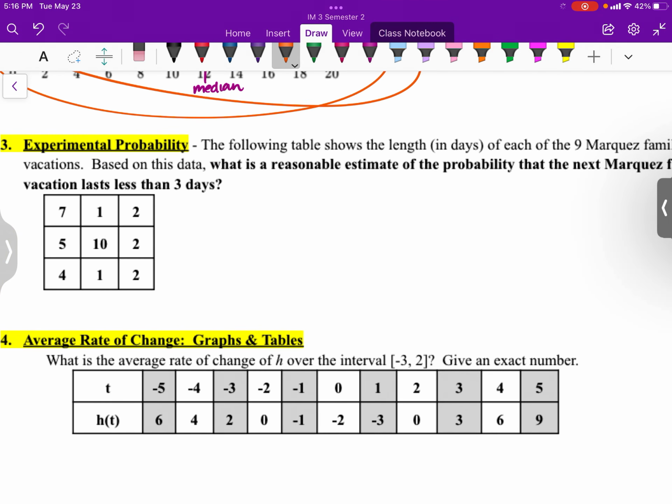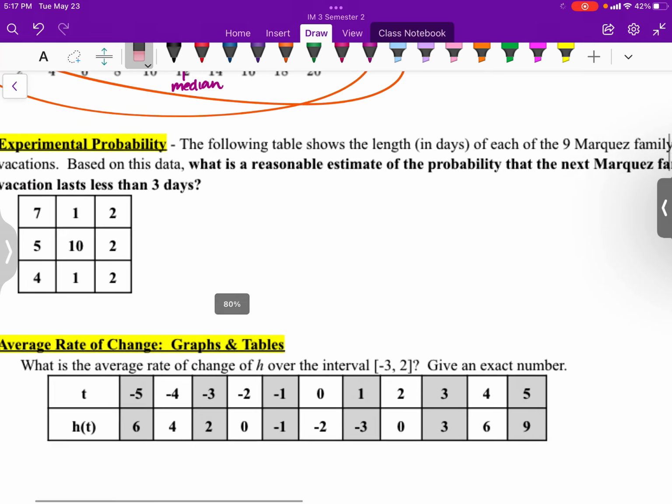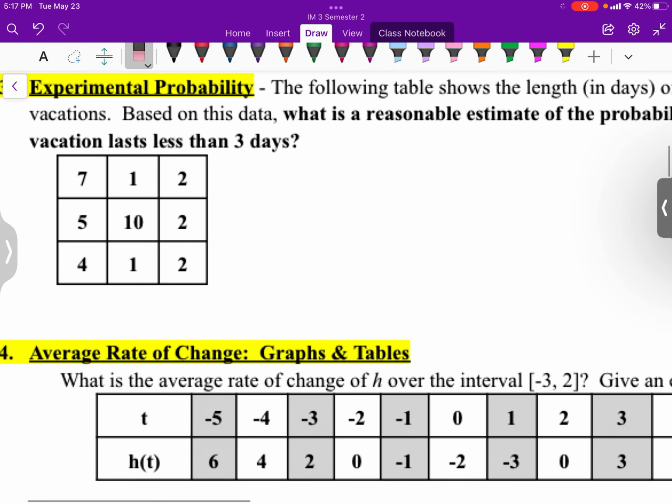Now, experimental probability. It's telling us about the Marcus family, who goes out on vacation. They've gone out 9 times in total, and the plot shows the number of days they've been out for each of those vacations. It's asking what is a reasonable estimate for the probability that the next Marcus family vacation lasts less than 3 days. So we're looking for the days that are less than 3.